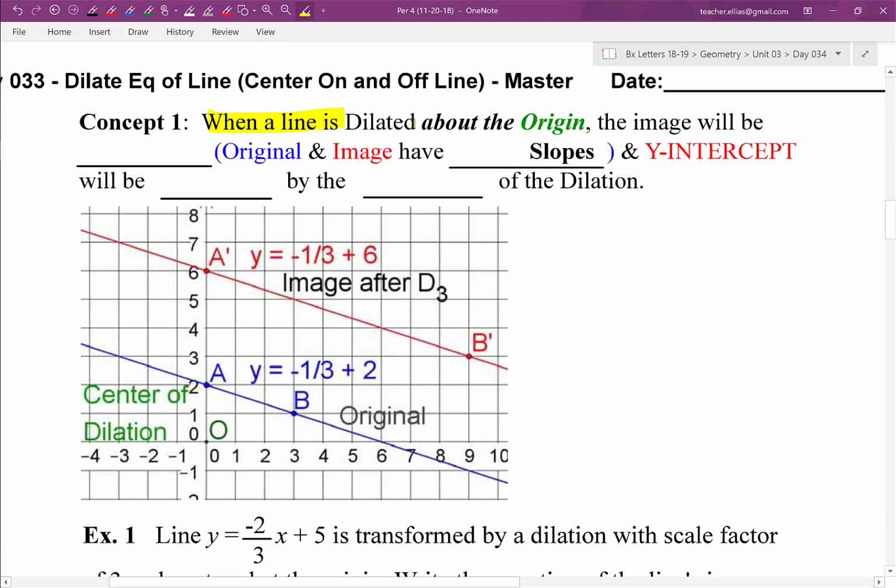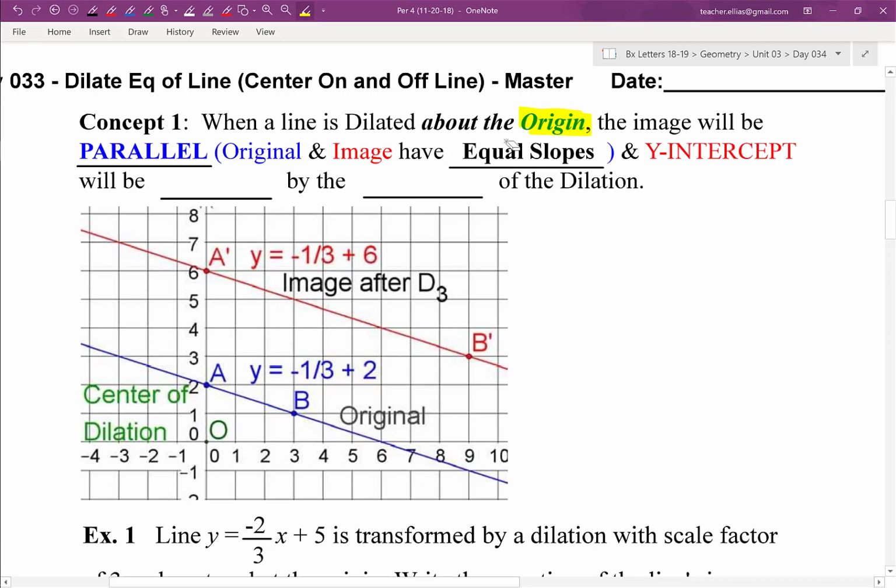When we dilate a line about the origin, the image is always parallel. What do you notice about these lines? They're parallel. Therefore, what will be equal about them, Lizette? The slopes.